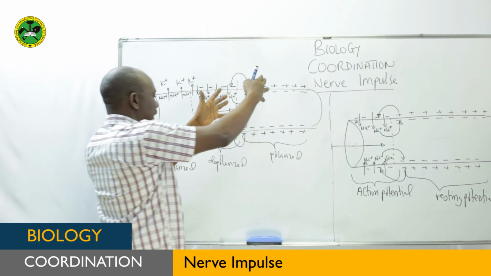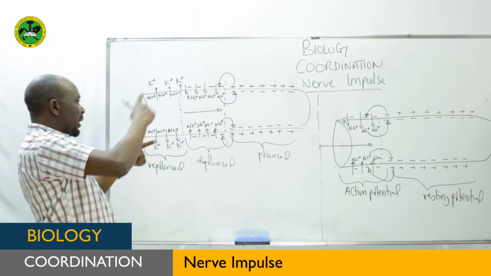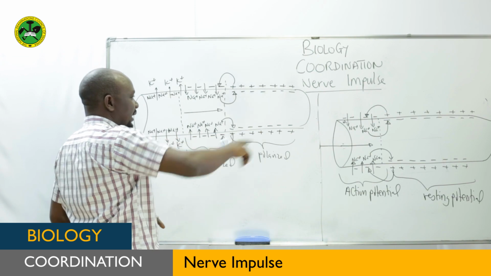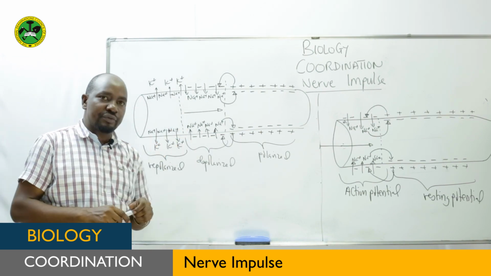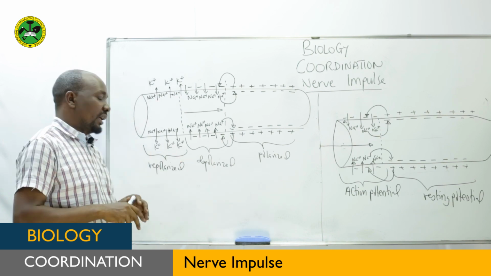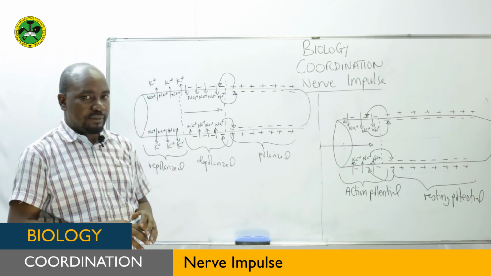And that is described as the action potential. So this will continue till the end of the axon. And this exchange of ions is very rapid. It takes place within a fraction of a second.